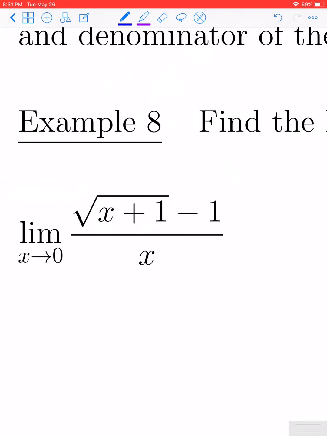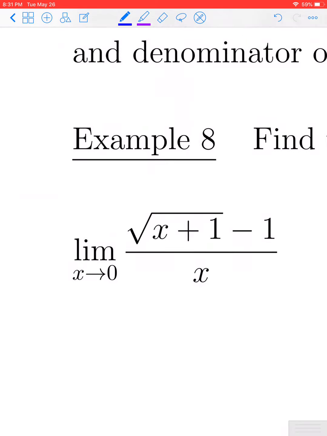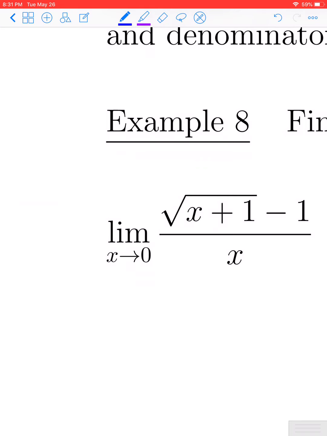If we take a look at example 8, here we're asked to find the limit as x approaches 0 of the square root of x plus 1 minus 1, all divided by x. Let's go ahead and try the direct substitution route to see what happens. Everywhere we see an x, put a 0.